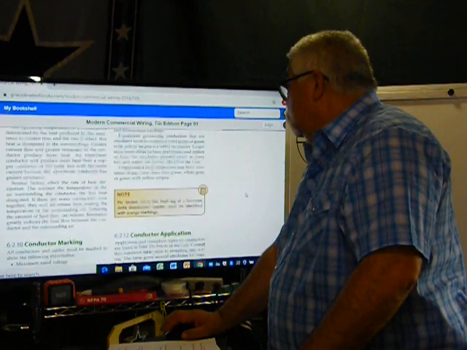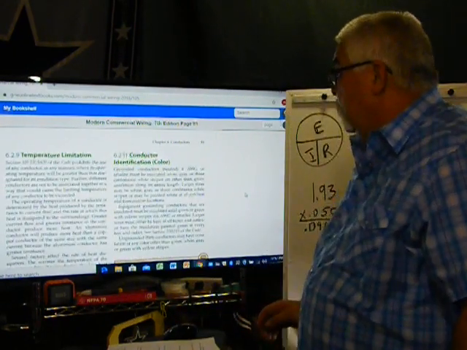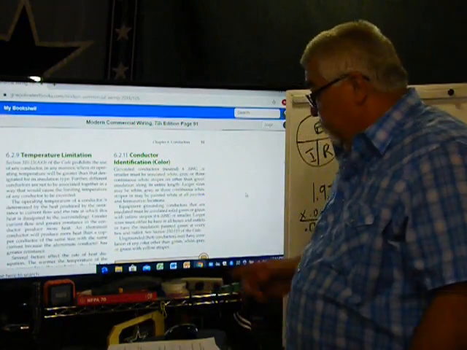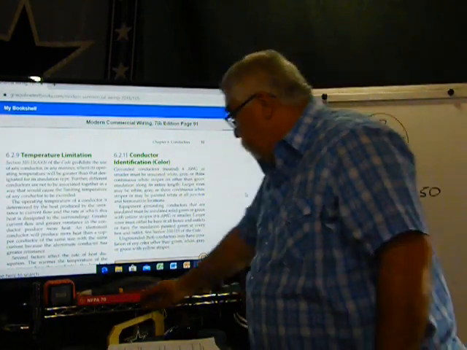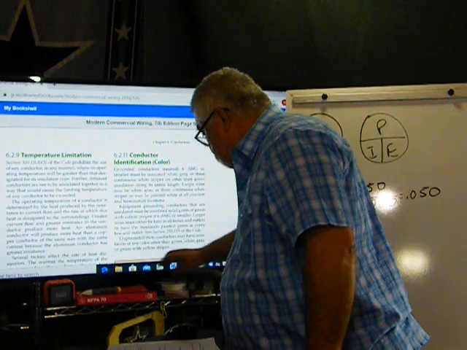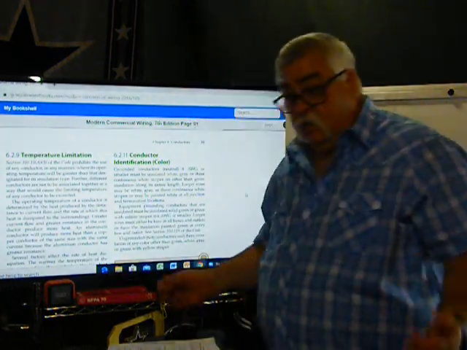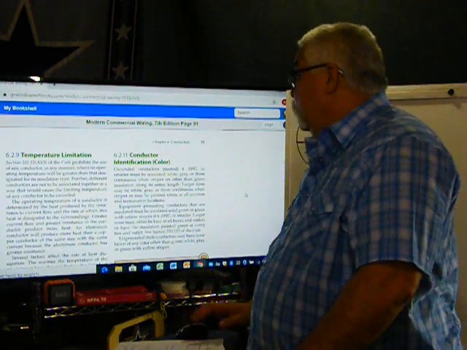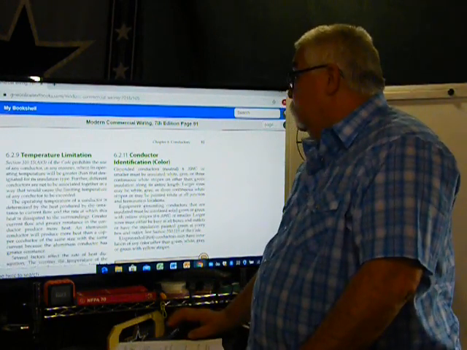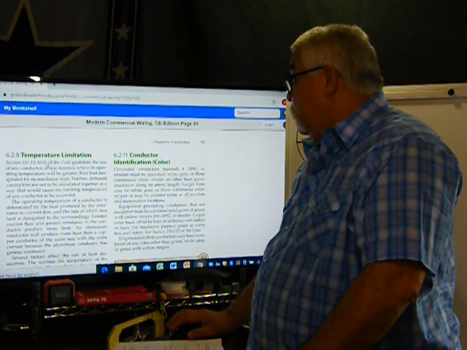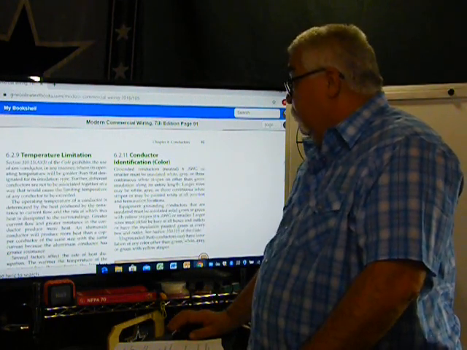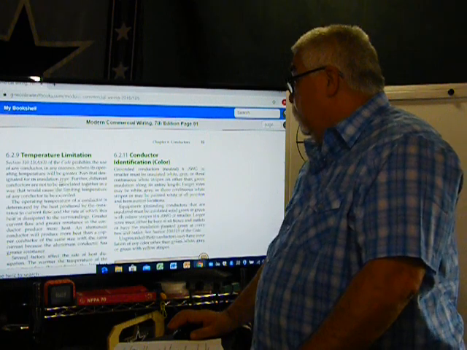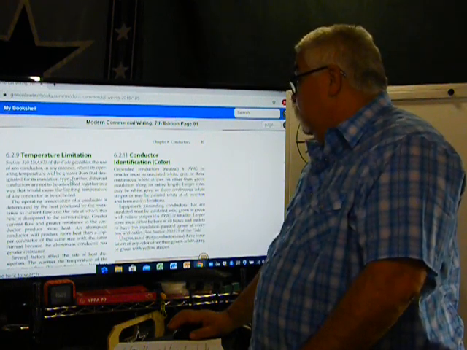Temperature limitations. Okay, so when you go to Table 310.15 in the code book, you have the 60 degree, 70 degree. And then it says temperature limitation, section 310.15(A)(3) of the code prohibits the use of any conductor in any manner where its operating temperature will be greater than that designated for the installation type.